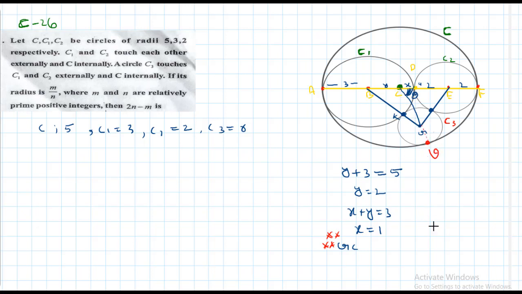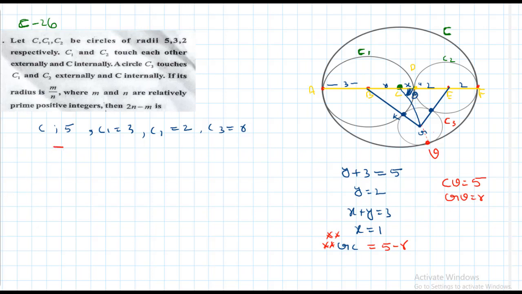So the total CV length is the bigger circle radius, that is 5. GV is R. So what is GC? I can say 5 minus R. This is important.